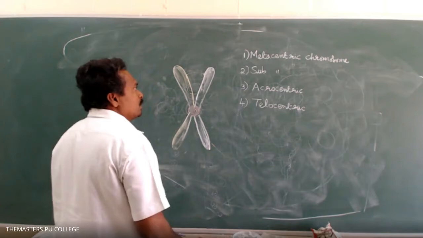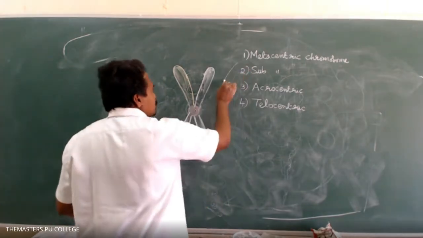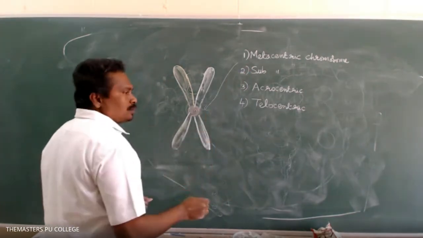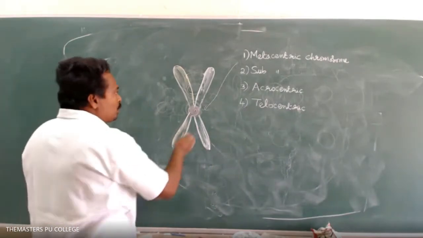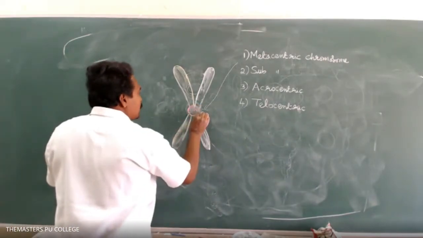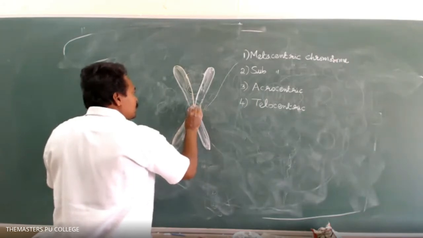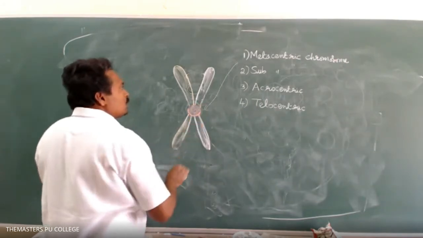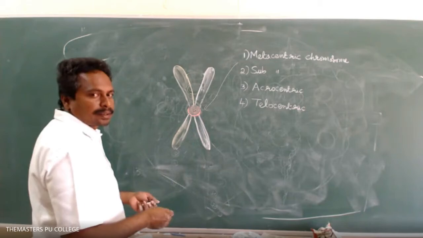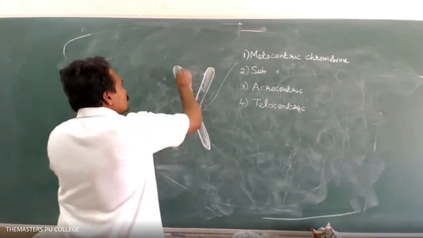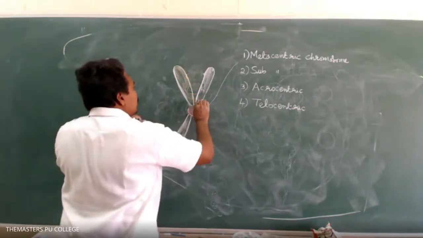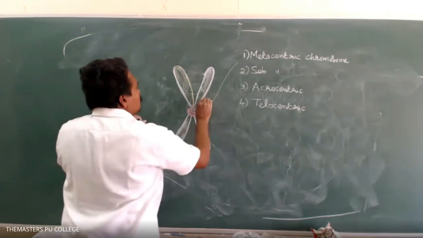Right. The first one is metacentric chromosome. In a metacentric chromosome, the centromere is located exactly at the center region of the chromosome. Each chromosome is having 2 arms.